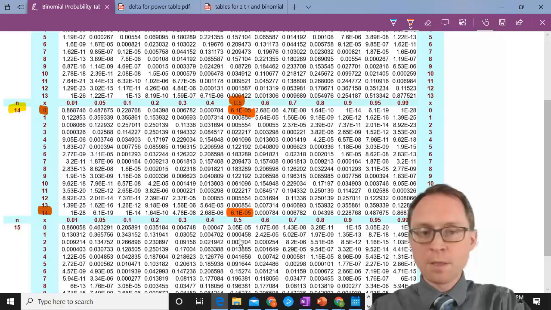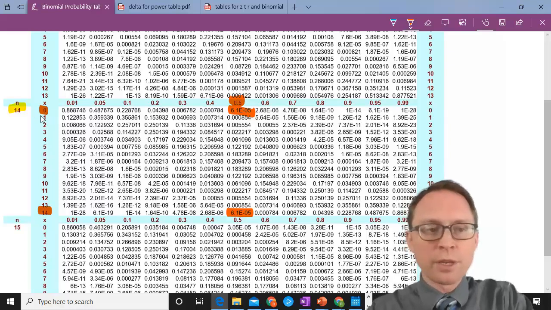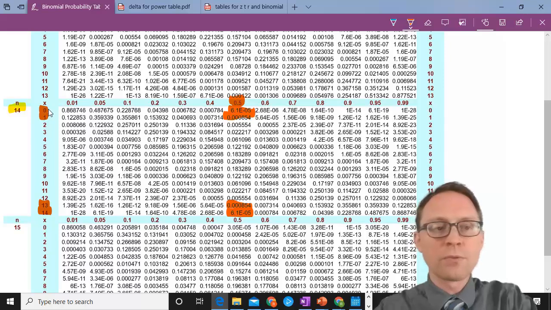That's less than 0.05. So let's go to the next value, 1 and 13. For 1, it's 0.000854 plus 0.000854. You add those together, that is also less than 0.05. So we could reject the null with 0, 1, 13, or 14.